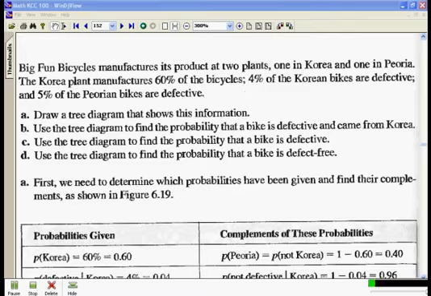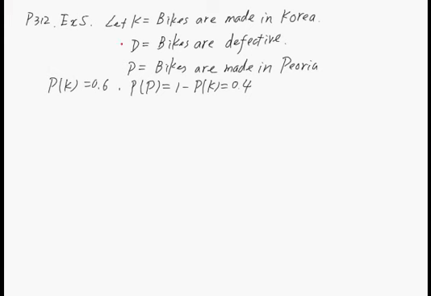So this is the conditional probability of D, the bikes are defective, given that the bikes are made in Korea, K. So this is equal to 0.04.